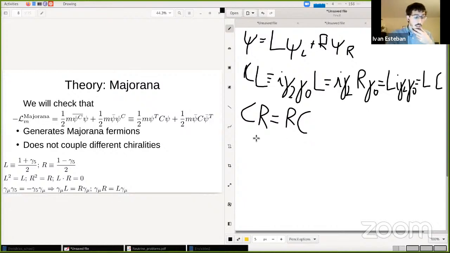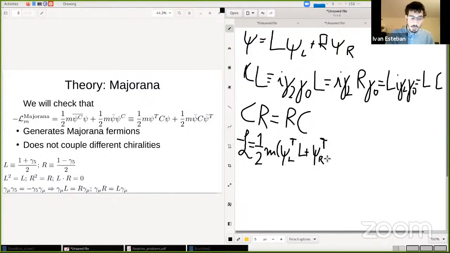So this means that when we take this Lagrangian over here and separate the psi field into the left-handed and the right-handed part, we will get something that looks like a factor of 1/2 times m times psi left transpose with the left plus psi right transpose with the right.